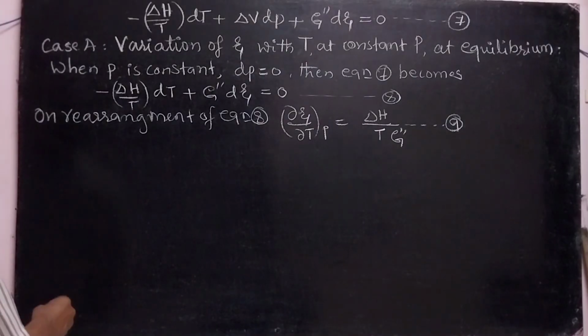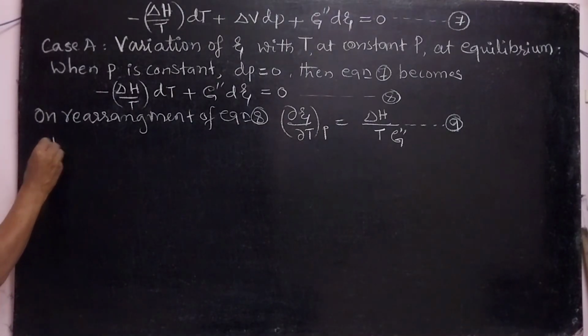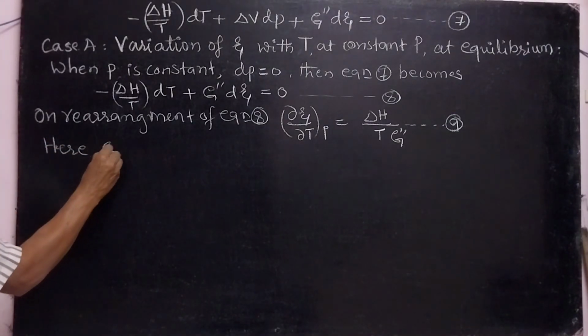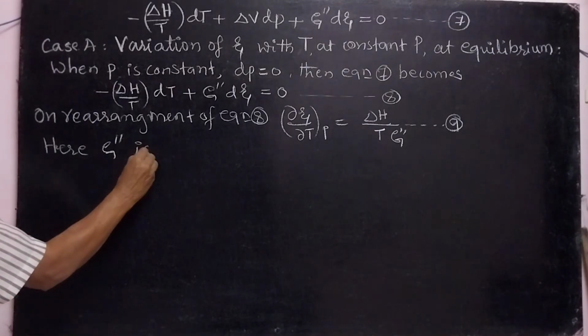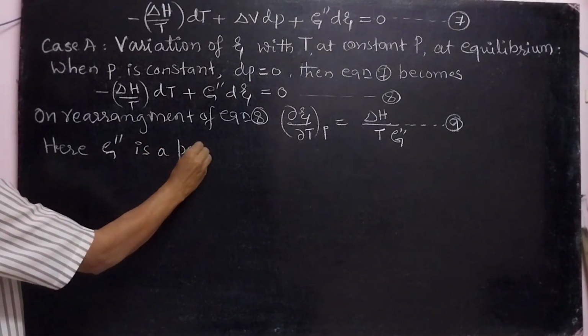Here G double dash is a positive quantity.